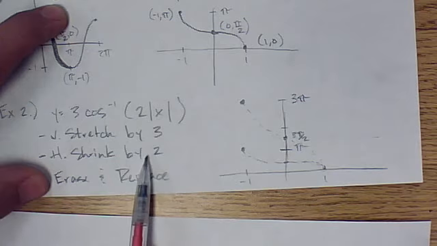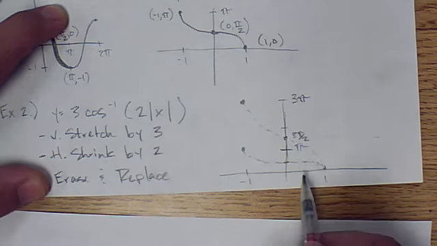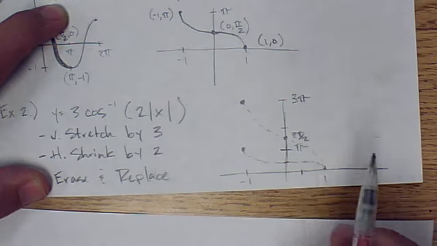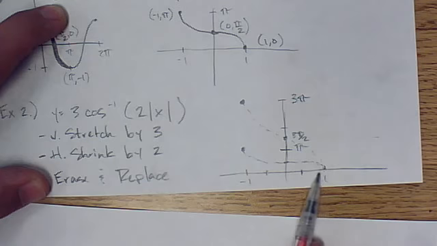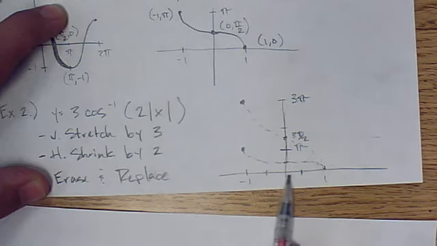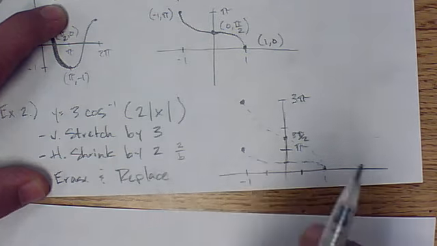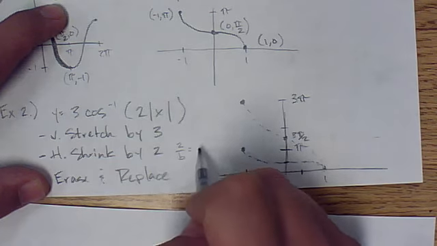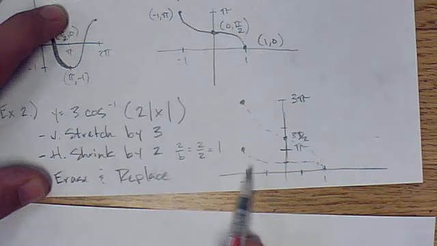My horizontal shrink by 2, so instead of going out to 1, it now goes to 1/2 on each side. So my total width was 2, now my total width is 1. If I take, instead of 2 pi over b, we use 2 over b. So 2 over 2 is a 1, so total width of 1.